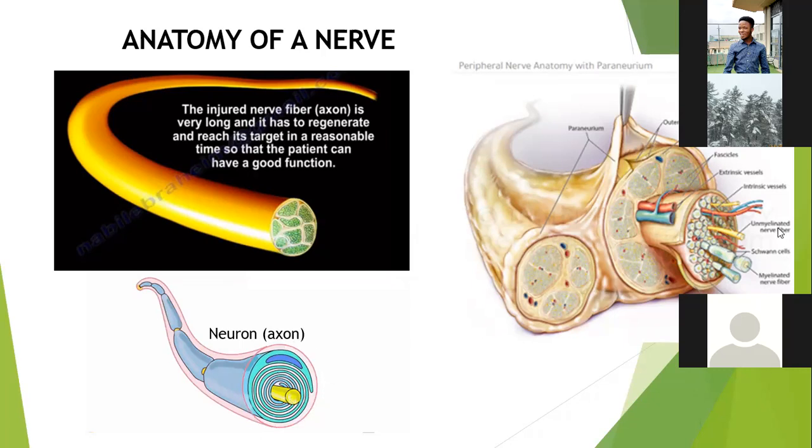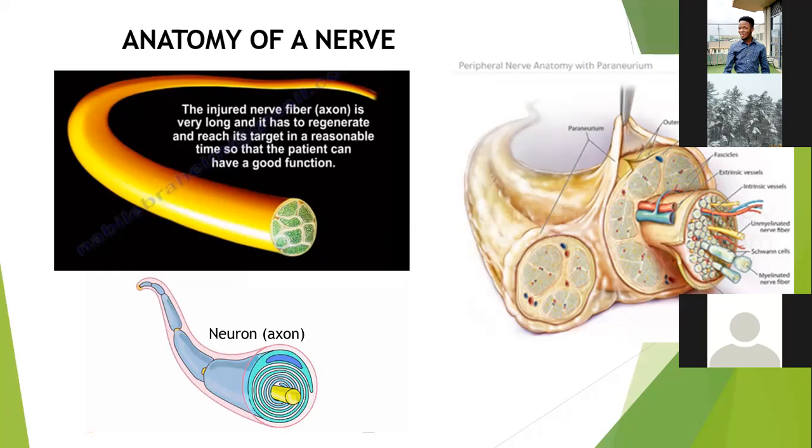So we have the yellow component, which is the axon. Then we have the bluish area, which is making up the Schwann cell. But you find that it has a thin layer of membrane that holds all that together. It's a connective tissue, so this thin layer is known as the endoneurium.